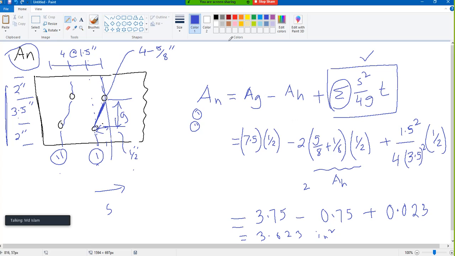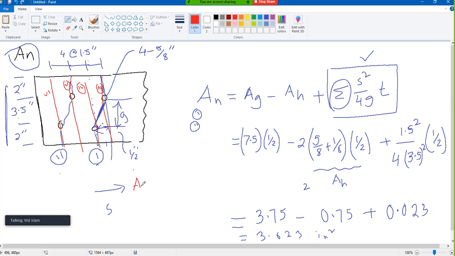Now I am suspecting, but again that is not a probability. I'm just showing you to let you know what to do. I'm suspecting that there might be a failure either this way or this way, or a straight line this way or this way. In any one of these paths, if this is the failure path, what is the net area?